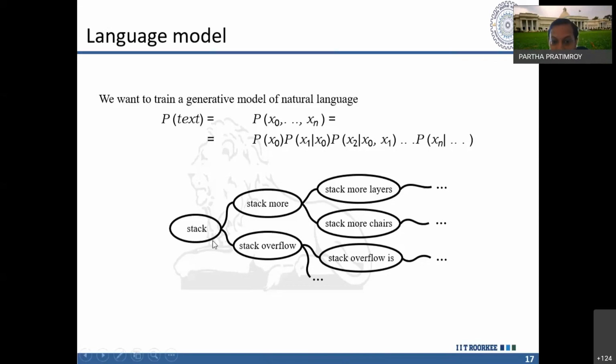If you know stack, then you can go for stack more or stack overflow. If you know stack overflow, then only other words are possible. If you see stack more, then certain words will not appear. That's why sequence is very important.